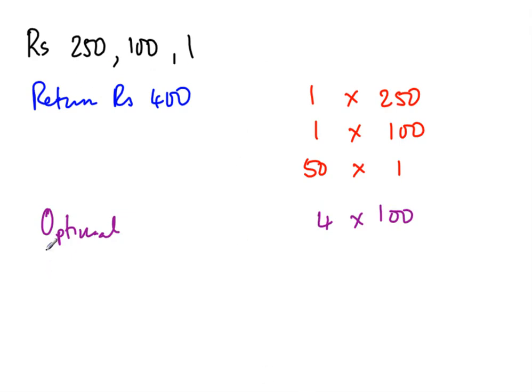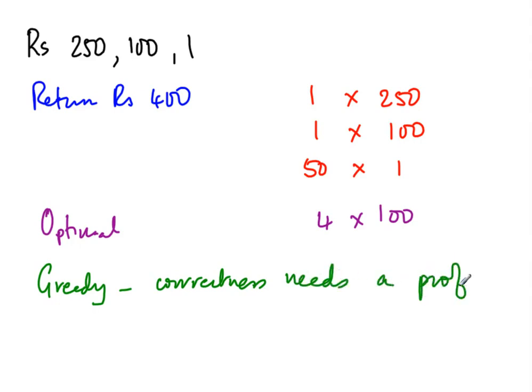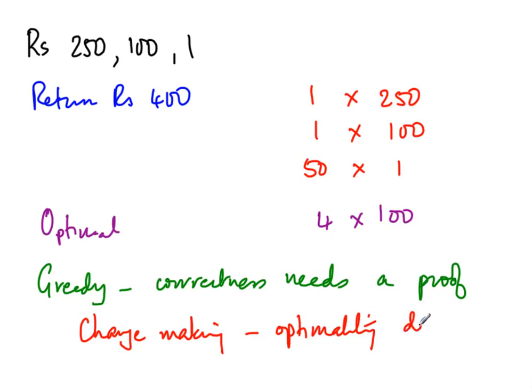So this is a general problem with greedy. So greedy correctness needs a proof. The fact that a greedy strategy actually produces an optimal solution is not always clear. In this particular case, for change making, the optimality actually depends on the denominations.